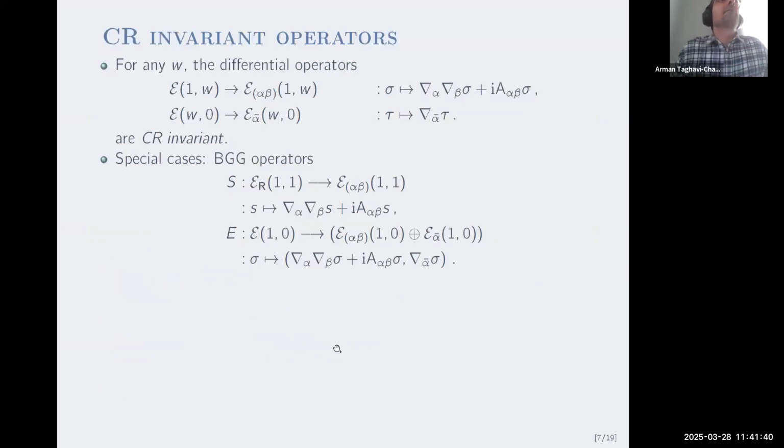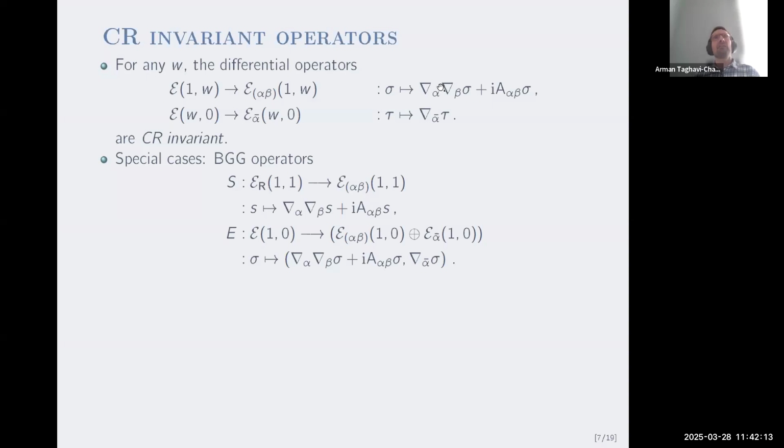Okay, so just as in conformal geometry, you can construct CR invariant operators on the basis of this Webster calculus. I don't know how many of you are familiar with this calculus that is used by people in parabolic geometries, so I'll try to explain roughly what all these mean.